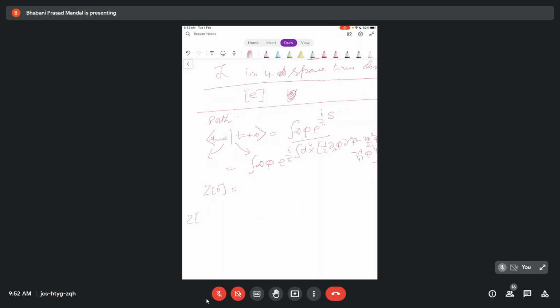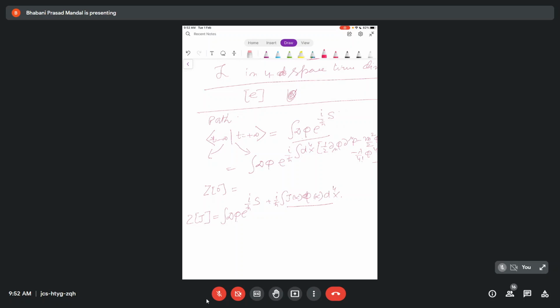So Z0 is like this, and Z of J, where J I'll introduce, is the integral of e to the power i over h cut S as it is, the whole thing, plus i over h cut integral d4x J of x phi of x.